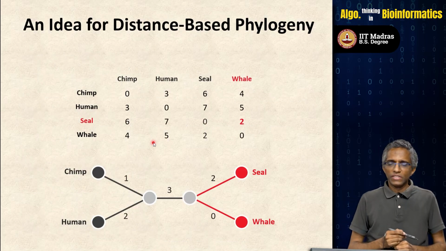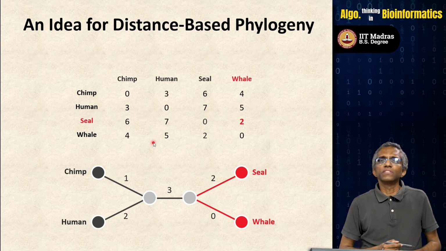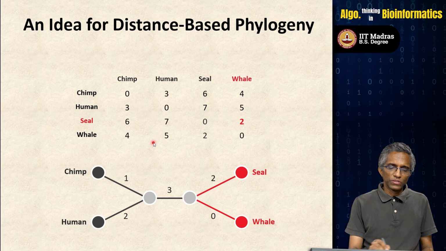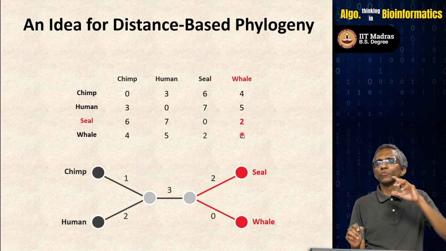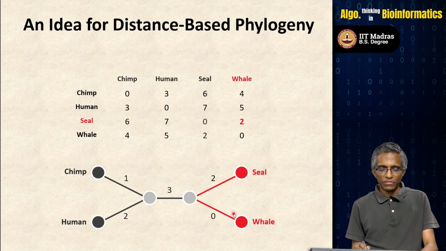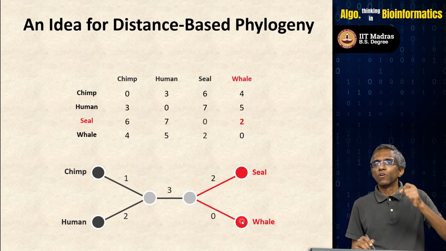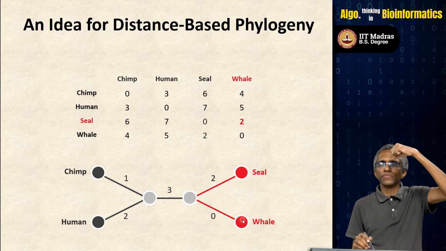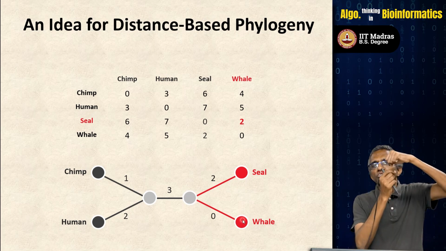One way to understand this is to go for the smallest distance first, right. I can go into this distance matrix, look at the smallest distance which is 2, and make them the closest neighbors, right. So, seal and whale I am going to make closest neighbors. The rest of the tree I have not figured out yet, but the seal and whale I am going to make have a common parent. Okay. This construct is also called a cherry. It looks like a bunch of cherry fruits all bunched together from a common point, right.